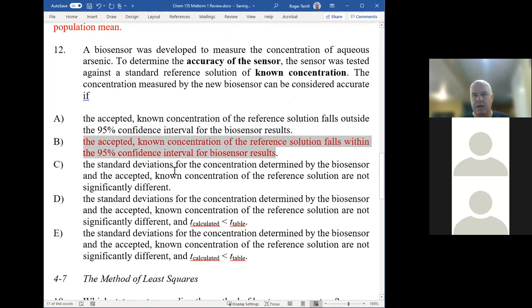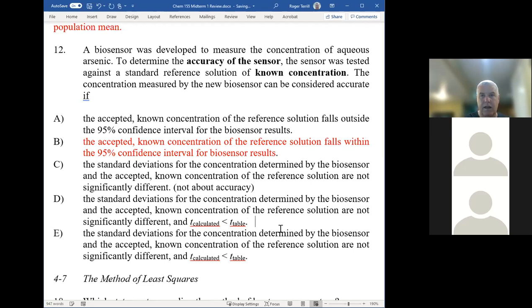The standard deviations for the concentration determined by the biosensor and the accepted known concentration of the reference are not significantly different. That's not about the accuracy. Well, this doesn't make any sense at all because you would use F to compare the standard deviations, right?